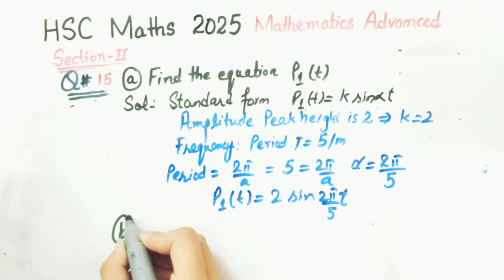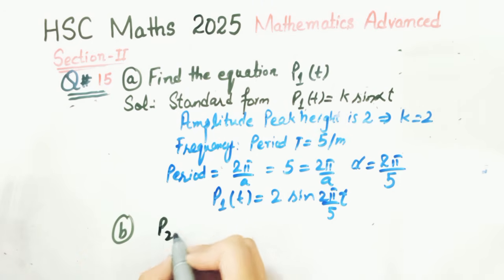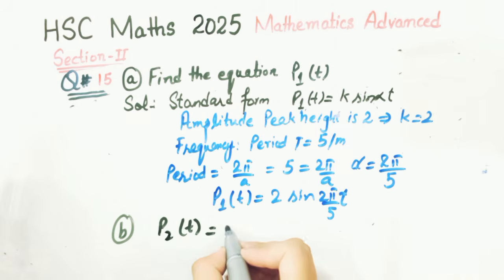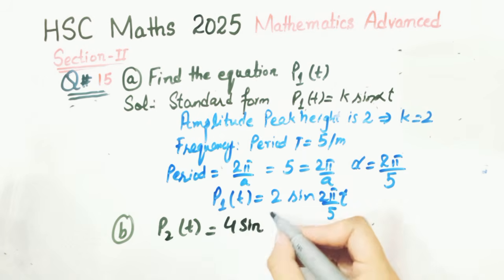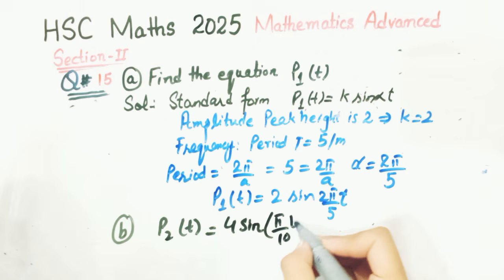The second function is P2(t), and the peak height is 4, the maximum height is 4 and the minimum height is minus 4. So we will write P2(t) equals 4 sine(pi t by 10).